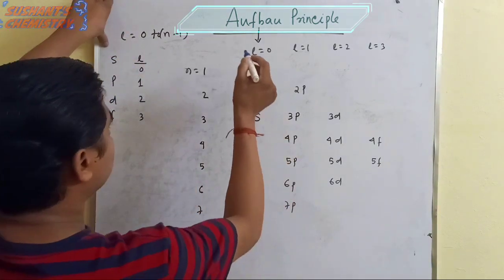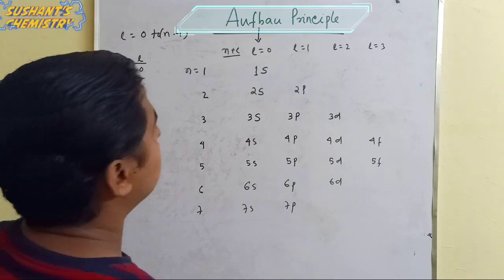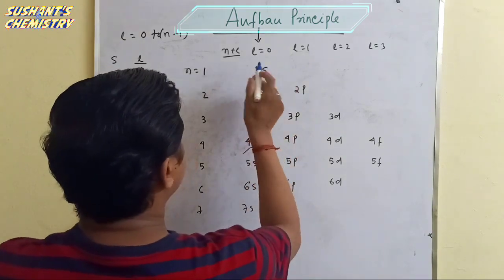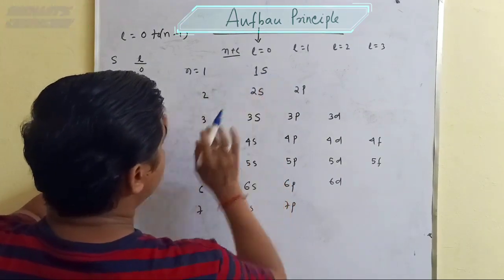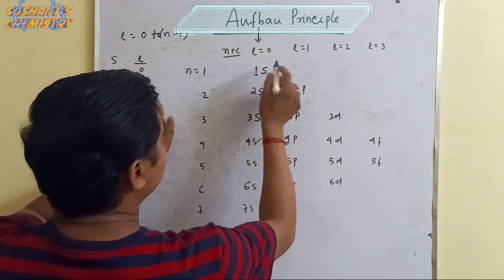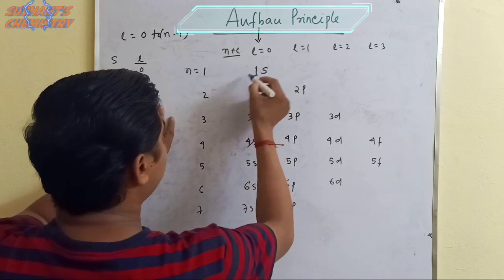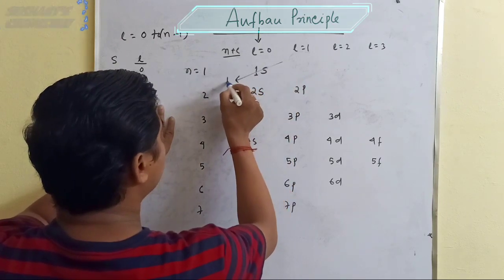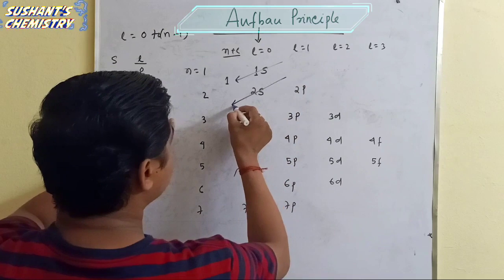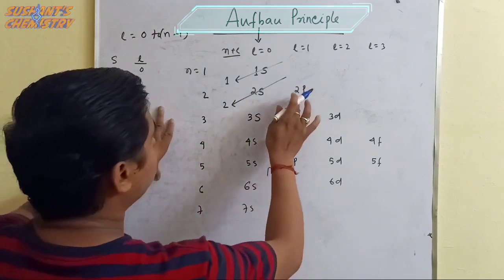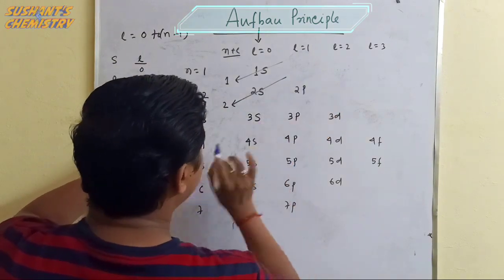Now you can calculate the value of n plus l. For the 1s orbital, n equal to 1 and l equal to 0, so n plus l is 1. For 2s, n plus l is 2 plus 0, that is 2. For 2p and 3s, n plus l becomes 3: 2 plus 1 equal to 3, 3 plus 0 equal to 3.